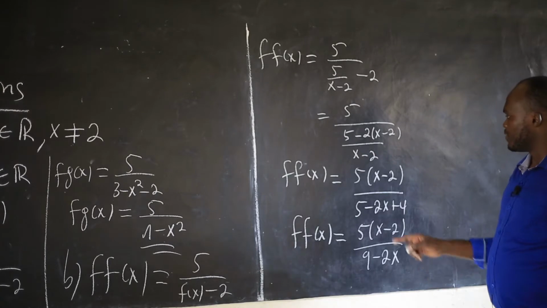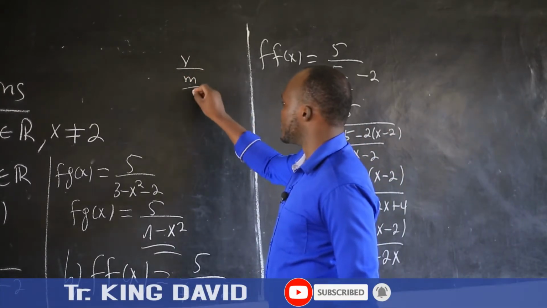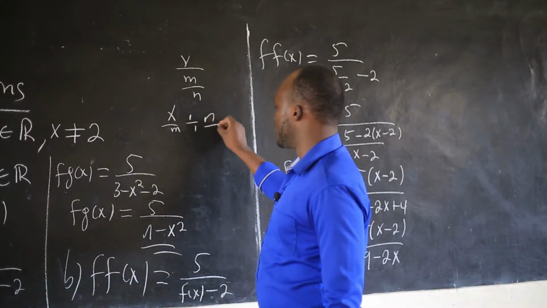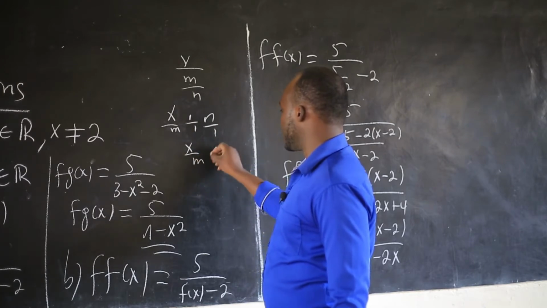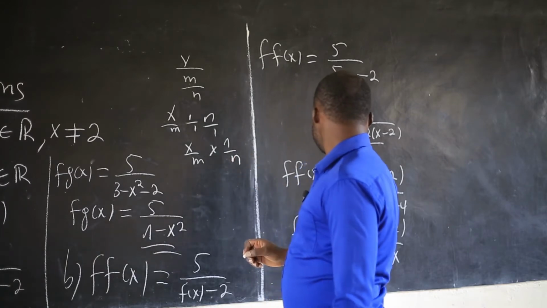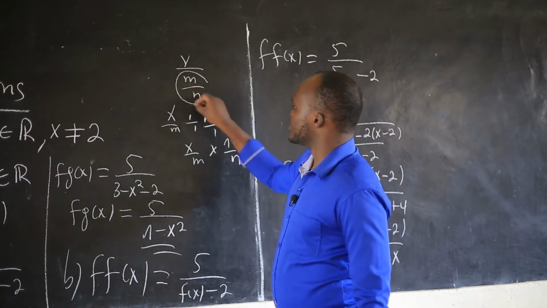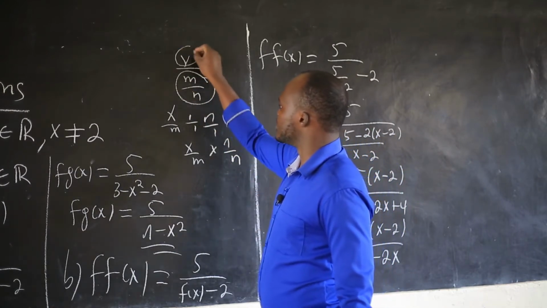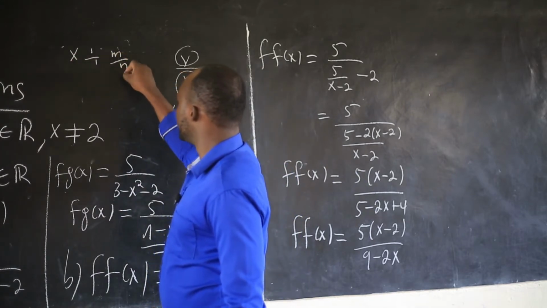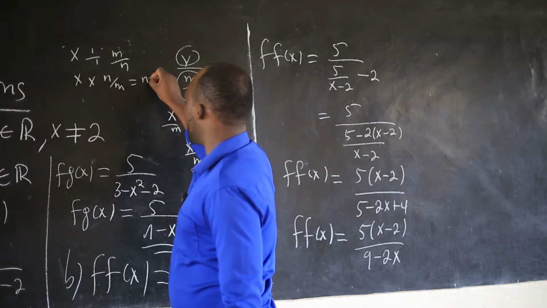That's f of f of x. What have I done here? It's like when you have x over m over n. So it is x over m divided by n over 1, to be x over m times 1 over n. So this is one function and this is another function. So it will be x divided by m over n, which is x times n over m, which is nx over m.